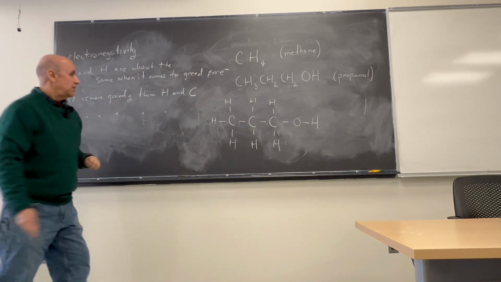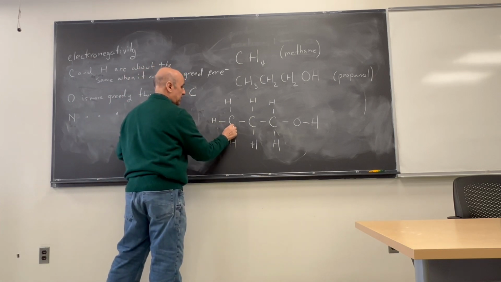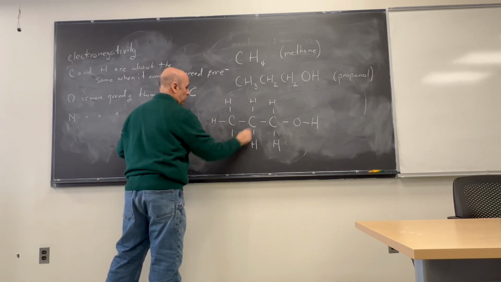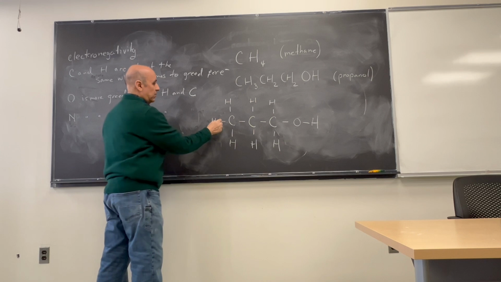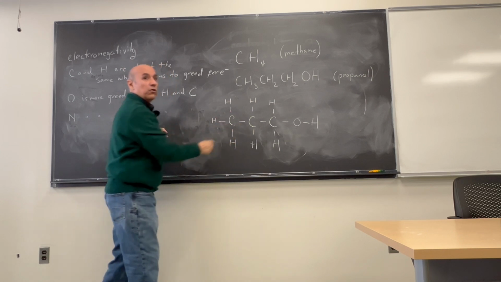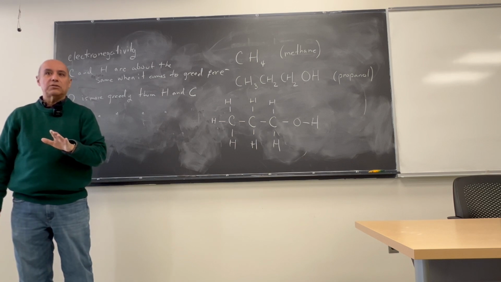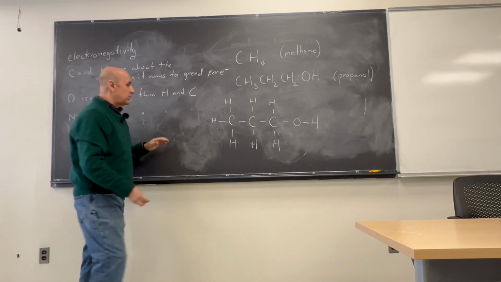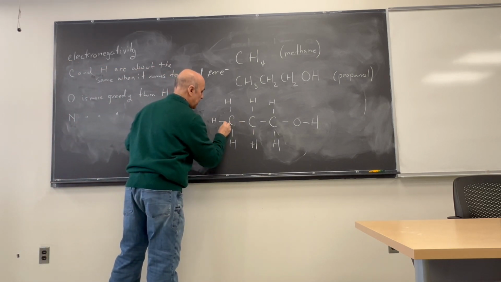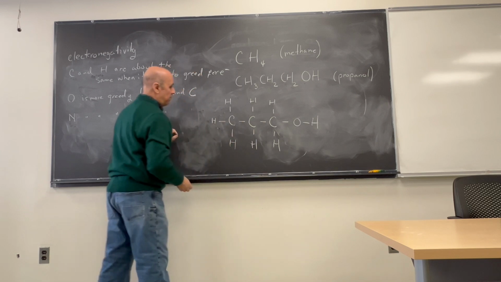Count the dashes. How many bonds are between this carbon and all of the atoms it is connected to? 1, 2, 3, 4 dashes only. So that represents 8 electrons, the so-called octet that carbon is always seeking. So 2, 4, 6, 8 electrons, that carbon is complete.